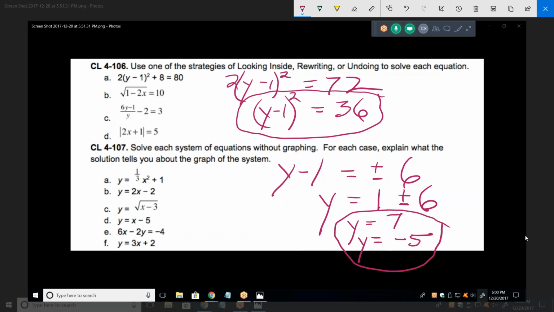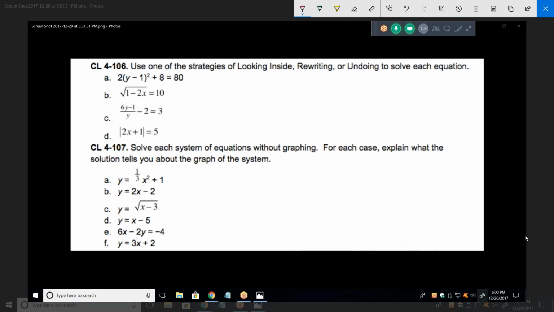Now, the question is, was that looking inside, rewriting, or undoing? Undoing. I would say undoing because we took the square root of both sides. All right, let's see if we can figure out how to rewrite it. I think I know what they mean.